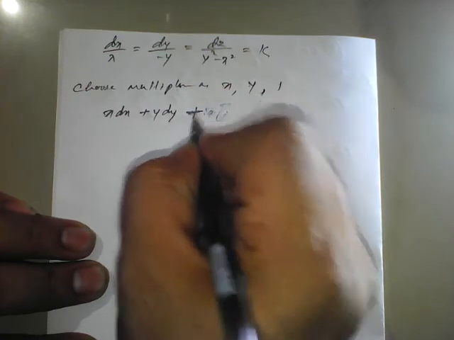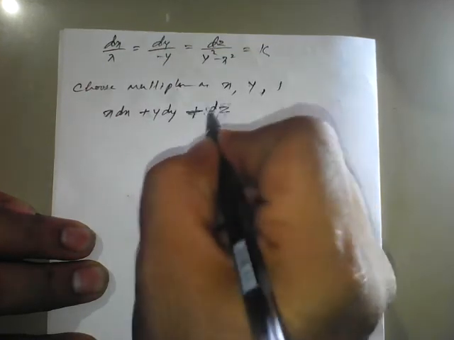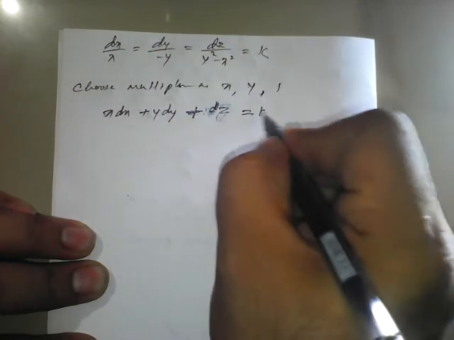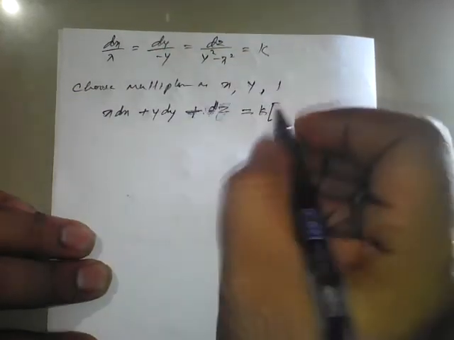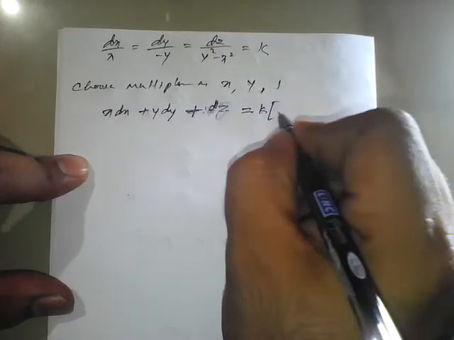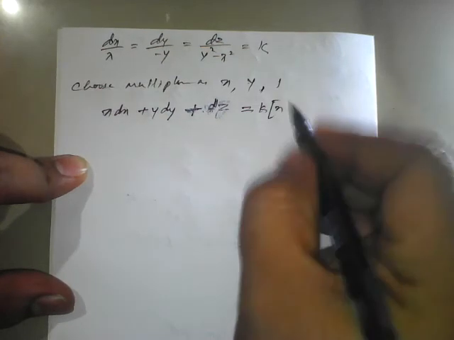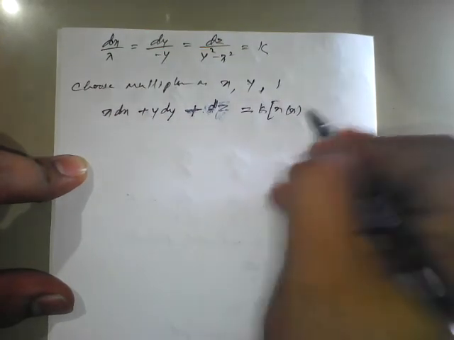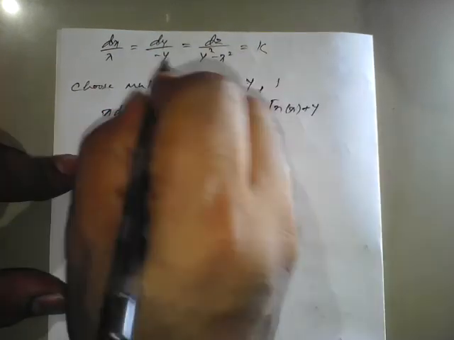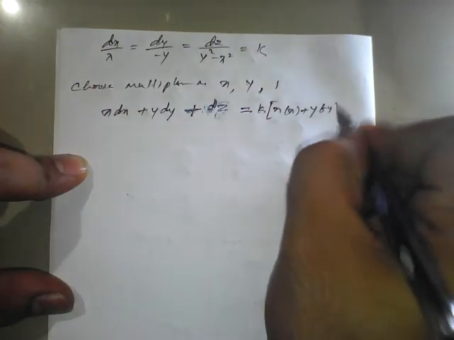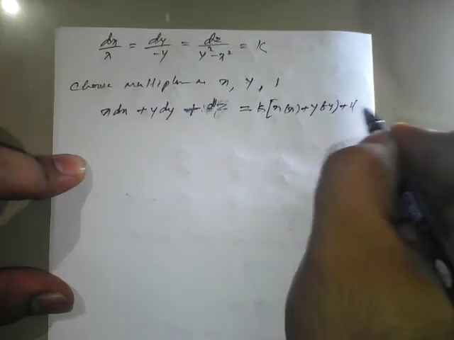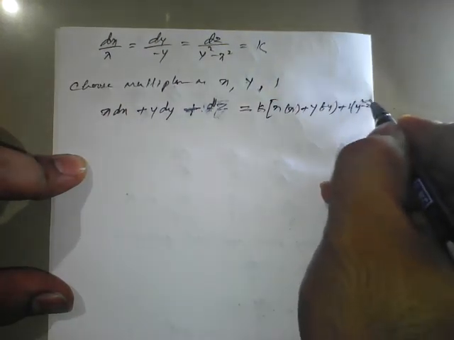Plus 1 into dz is equal to k times, and all these you multiply on the right hand side. This multiplier x into this x, plus this multiplier y into this minus y, plus 1 into this y square minus z square.